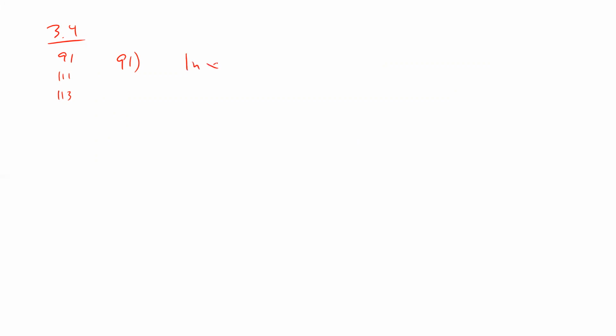91, 91 it is. Let's go with solving this. So I've got ln of x plus ln of x minus 2. The question is, when is this equal to 1? All right, so first things first, whenever I solve these, I have to put it into one single ln function, just so it's all set. That little plus sign means I'm going to multiply these together.